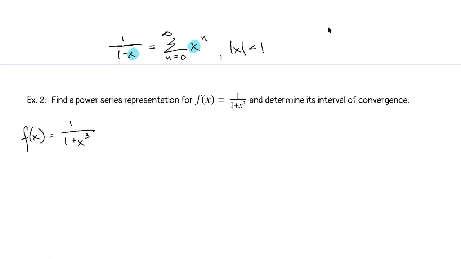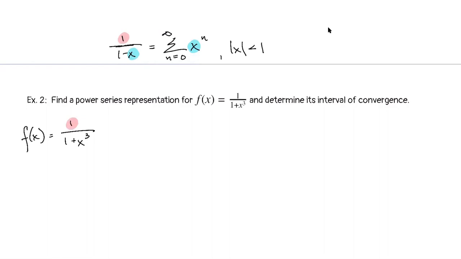Let's zoom out: I have 1 over something, so this part is the same as that part.